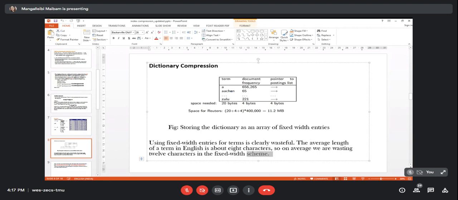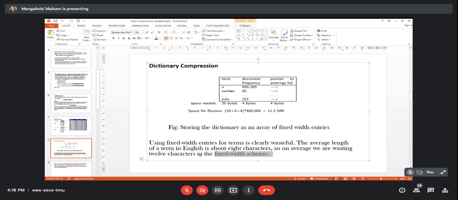That is 12 bytes, because for a term we will be utilizing 20 bytes. Clear? For every term, whether it is a short term or a long term, the length may be short or long, we use a fixed width. If we use a fixed width, then what will happen?